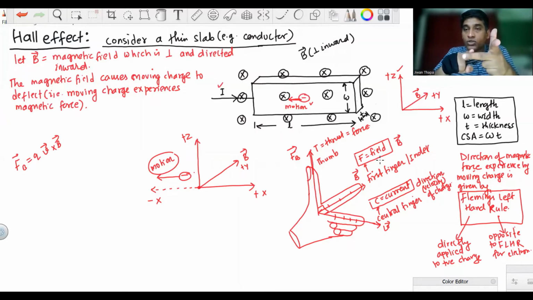So this finger is pointing along positive x, and thumb is pointing along positive z. So we find electron is experiencing magnetic force in upward direction, that is along positive z. So this is how we apply Fleming left hand rule for negative charge, that is electron.